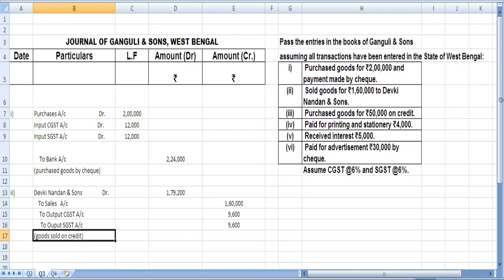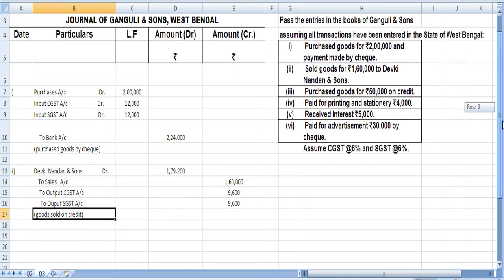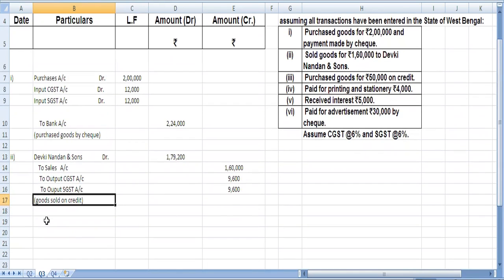Now next we have purchased goods 50,000 on credit. Now the suppliers or the creditors are the ones from whom we purchase goods on credit.